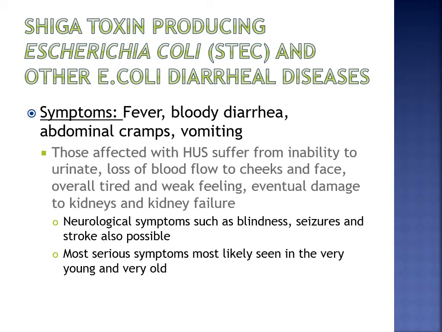Because you're losing blood, you're losing oxygen and nutrients, so you have an overall tired and weak feeling. Eventually, you'll end up with kidney damage and kidney failure also. You can also have some neurological symptoms like blindness, seizures, and stroke. That's mostly due to a lack of blood flow to the upper part of the body, to the brain specifically. But usually those serious symptoms are only seen in people with weakened immune systems, so the very young and the very old.